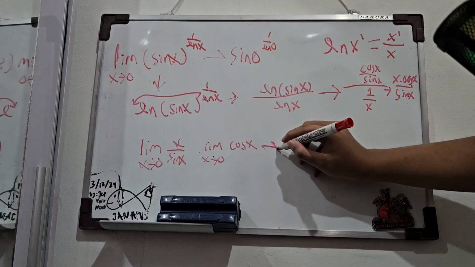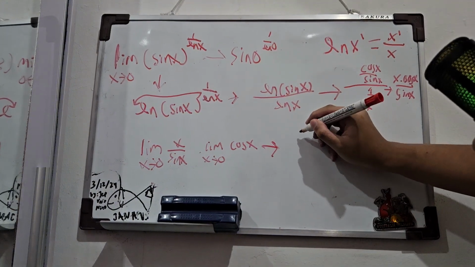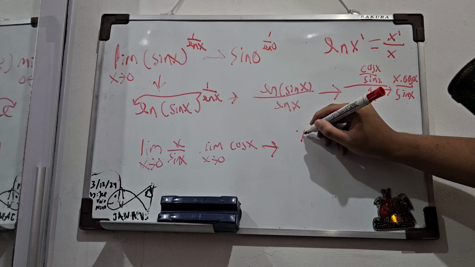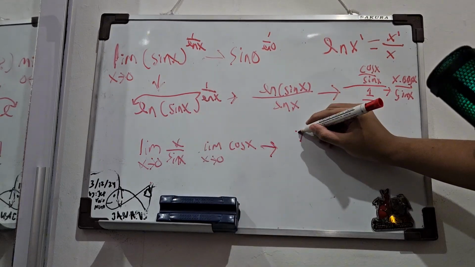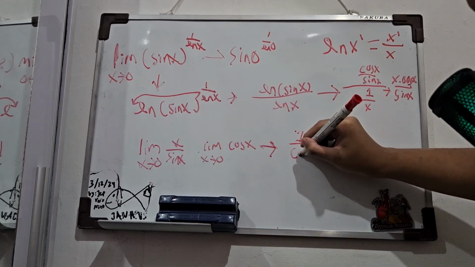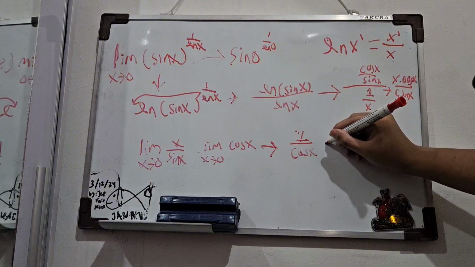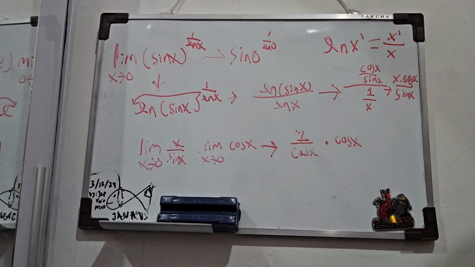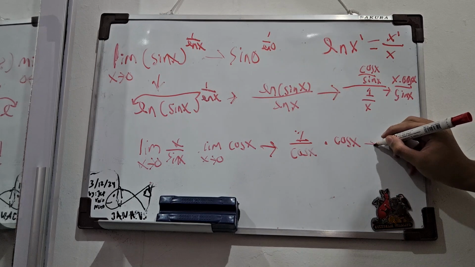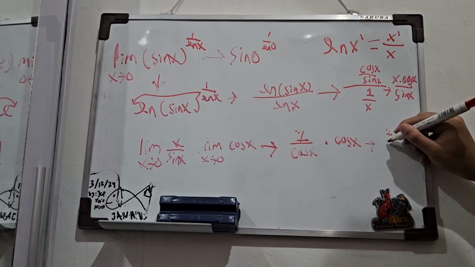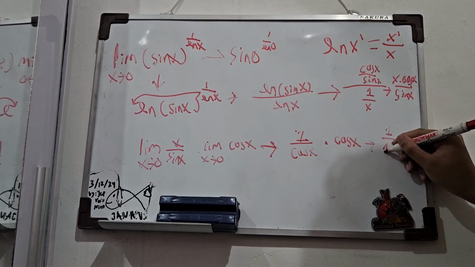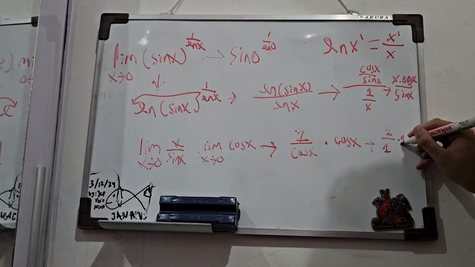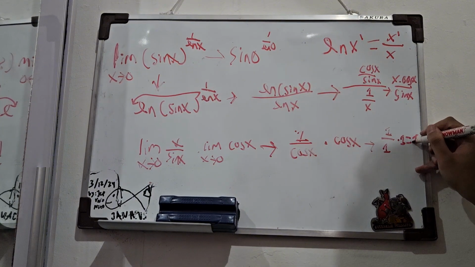So it would become the derivative of this, which would become 1 per cos x, times cos x. This will become 1 per 1 times 1, which would become 1.